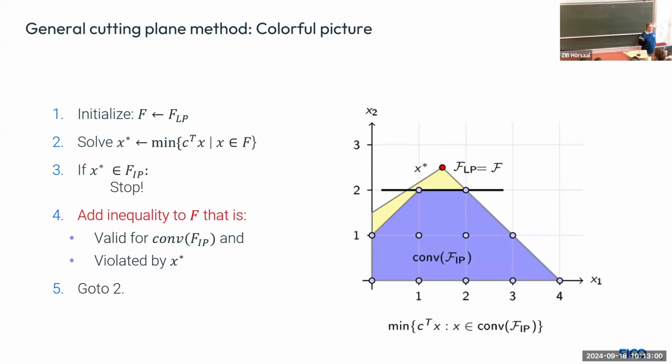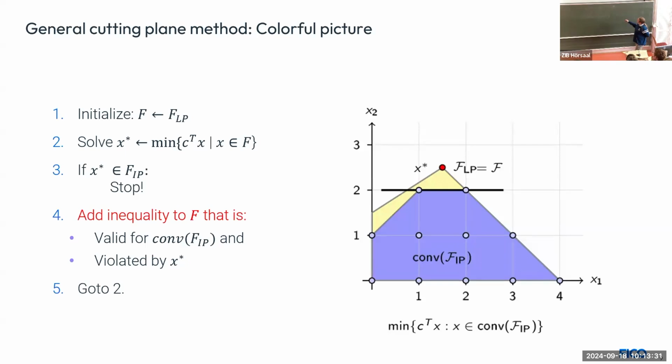So we continue by adding a magic inequality to our description of the problem, an inequality that's valid for all integer points, so for the convex hull of the integer points, which we are trying to approximate via this algorithm, but it's violated by the solution of our linear problem from before.